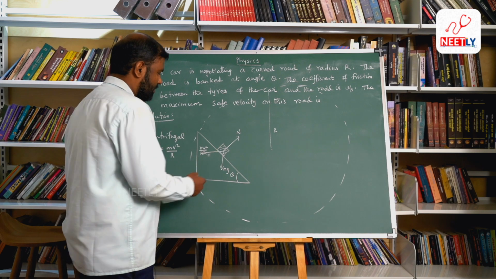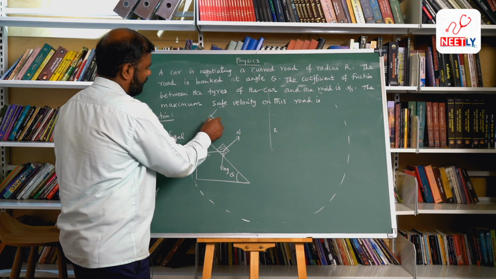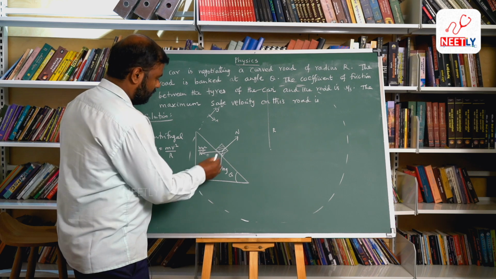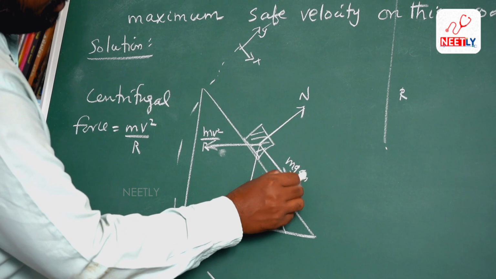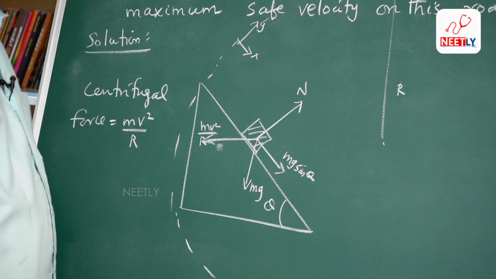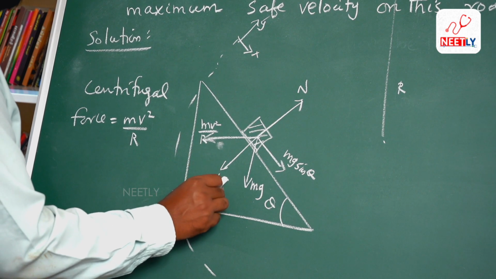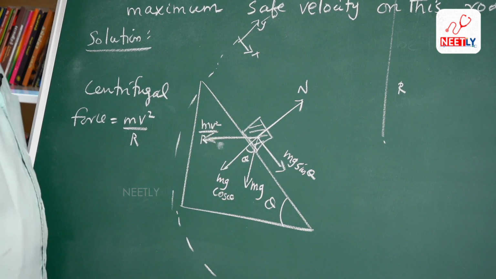You can think of this as the x axis, this as the y axis. So, this will be mg sin theta and this will be mg cos theta, because this is angle theta.